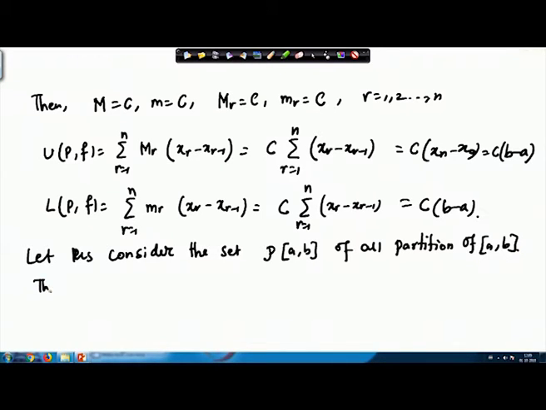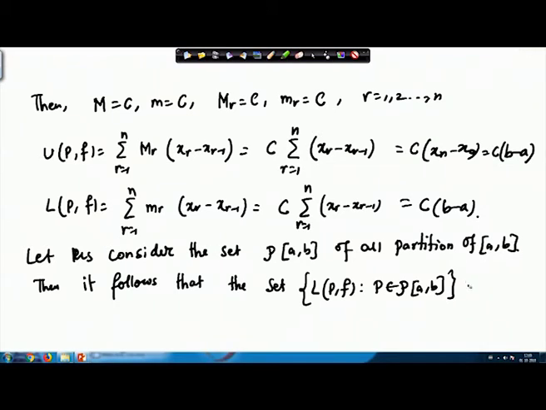Then basically it follows that the set LPF, where all such P is in curly P of a b, and the set UPF, where P is in curly P of a b.